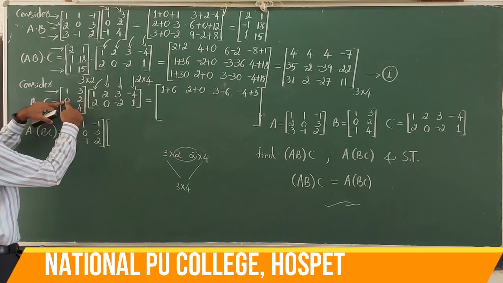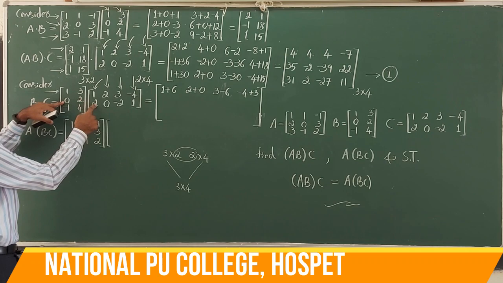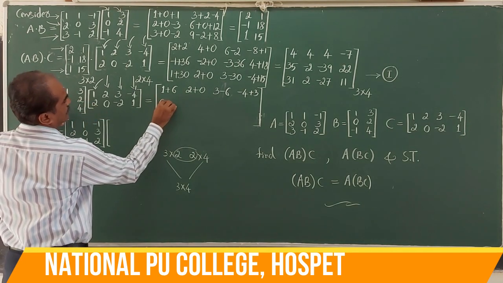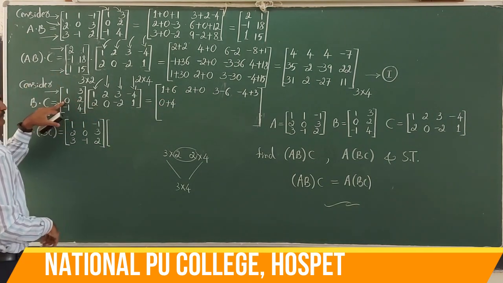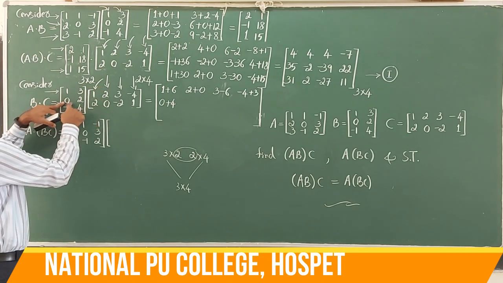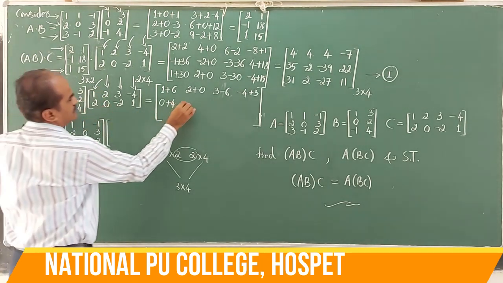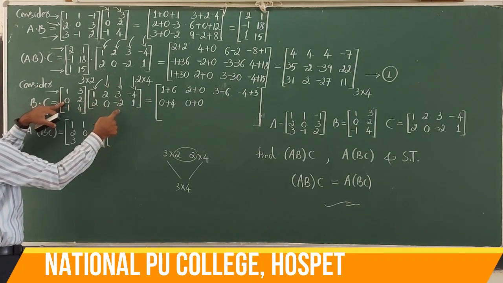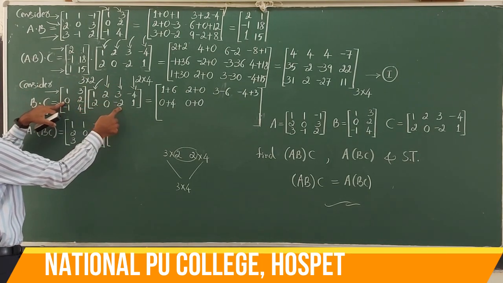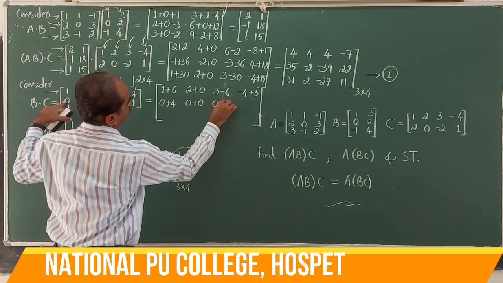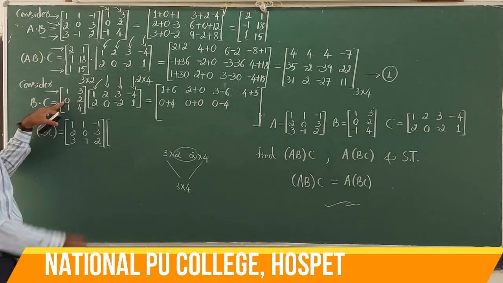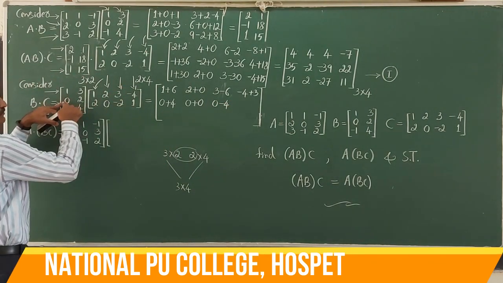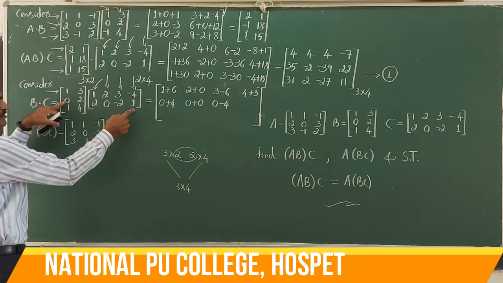Second row, first column: 0 into 1 plus 2 into 2. That is 0 plus 4. Second row, second column: 0 into 2 plus 2 into 0. Second row, third column: 0 into 3 plus 2 into minus 2. Second row, fourth column: 0 into minus 4 plus 2 into 1.